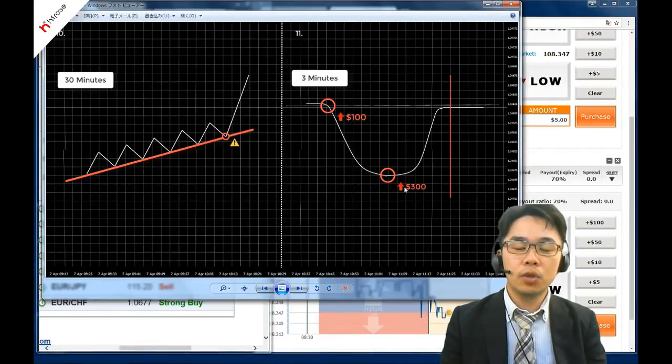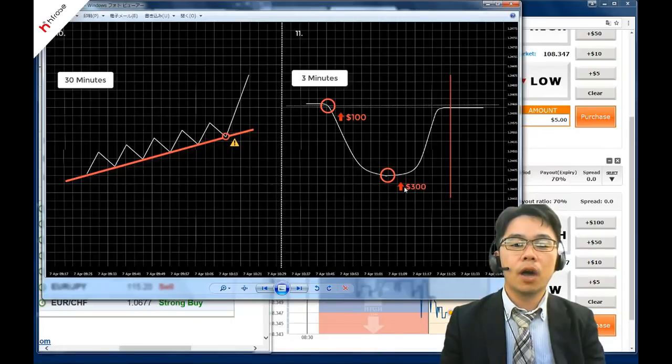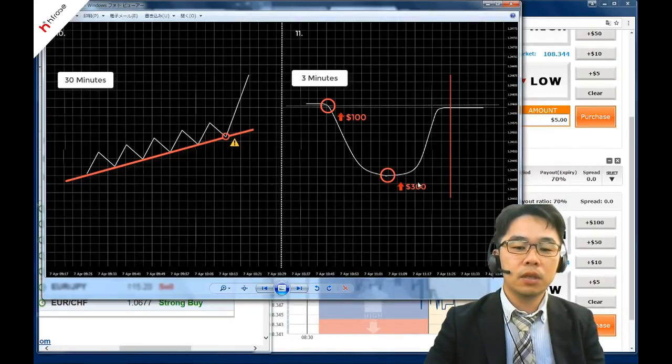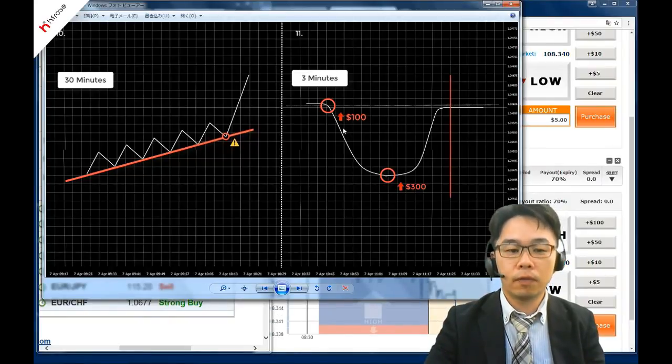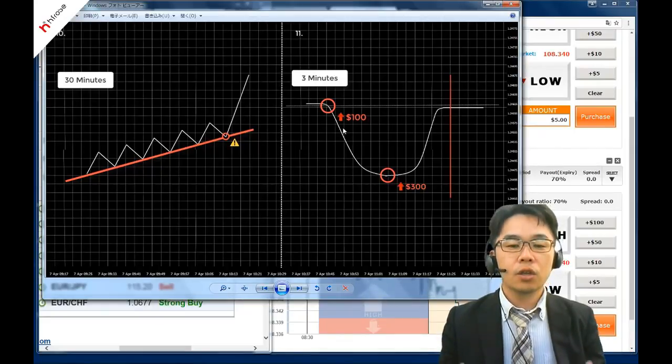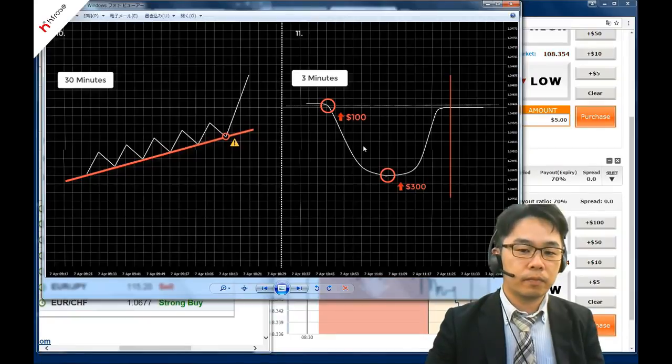That gives you a profit of 140 in the end. So 80% of 300 is 240, and 240 minus the 100 loss is 140 in profits. So when you are confident of the market trend, you can additionally make trades like this.